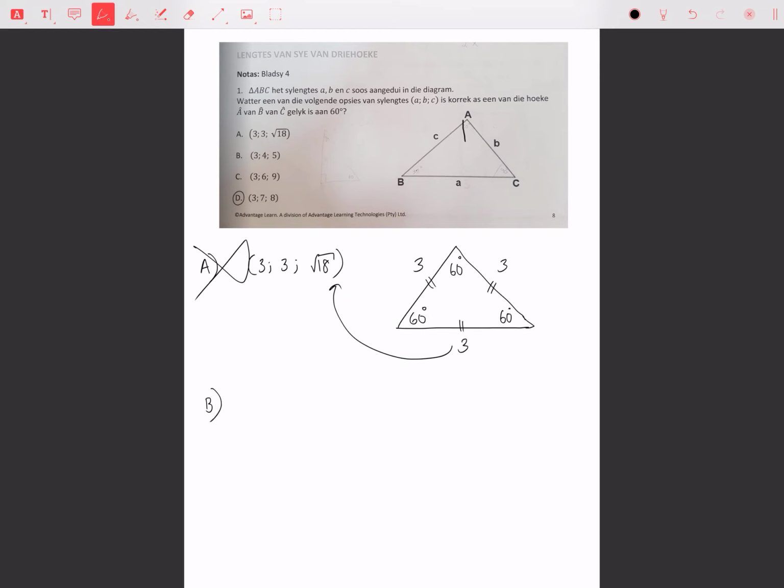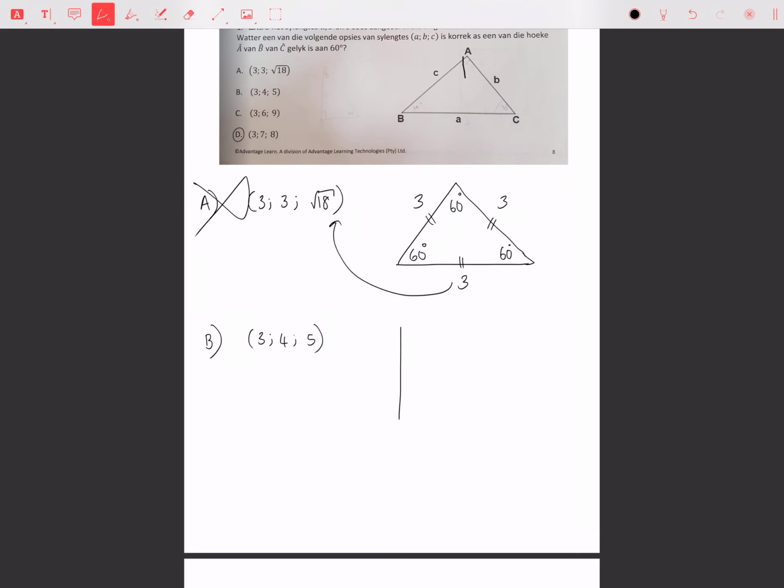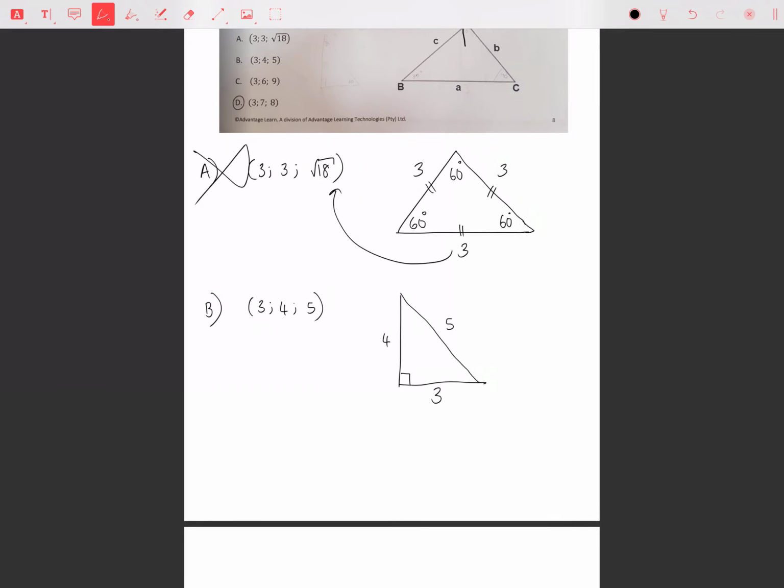So then we go into B. And we've got a 3, 4, 5. Now, don't you know that this is a special Pythagorean triangle? So what I mean is it's got a 90 degree. We've got a 3, 4, and the hypotenuse is 5. Now, we want a 60 degree somewhere in here. So we've got a 60 degree, which means that the remaining angle must be 30.